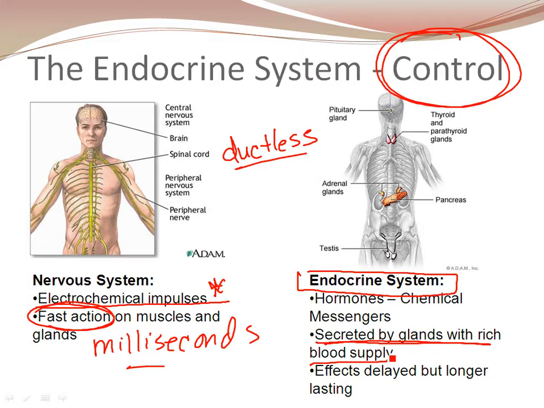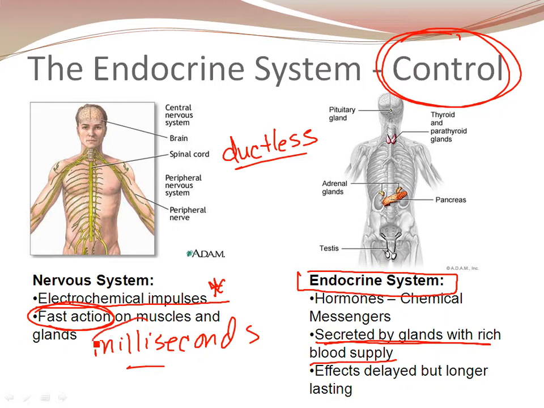Another key difference between the endocrine system and the nervous system, and my little pen menu down here is covering up the text, is that it takes longer for responses to be generated, and the effects tend to last longer.